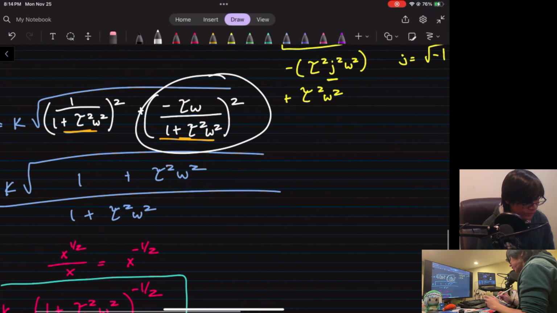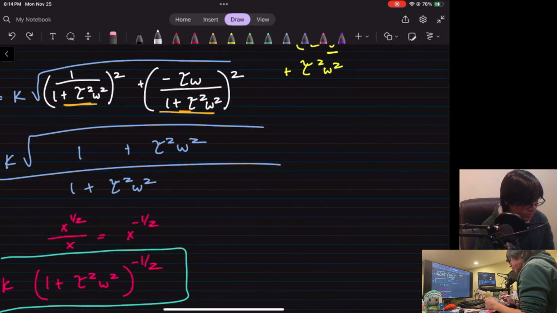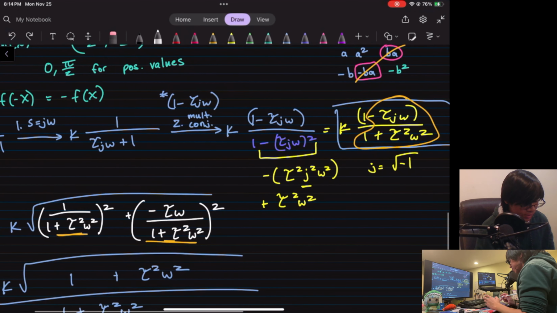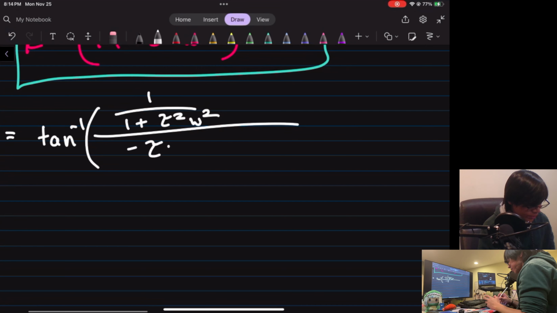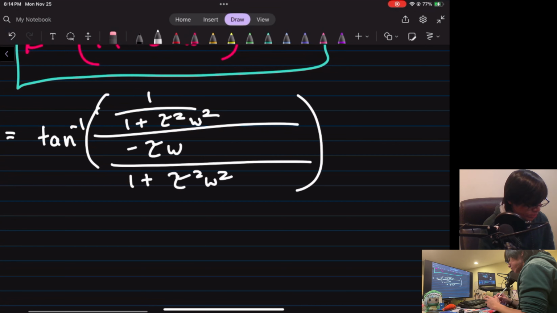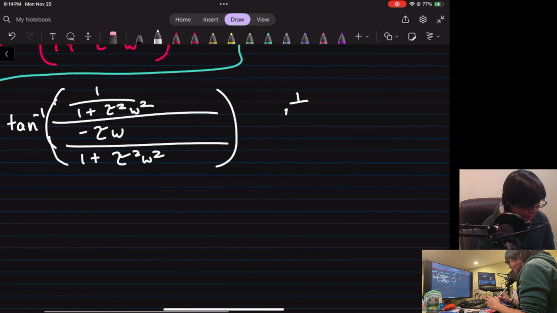So right here, we have negative tau squared. Well, that's being squared. So I guess it's just negative tau omega. So negative tau omega over the same denominator. And of course, with multiple fractions, we can multiply by the reciprocal of the denominator, something like this. So really quickly, I won't even write out the denominator. So multiply by the reciprocal. You have the denominator up top now, and then the negative tau omega.